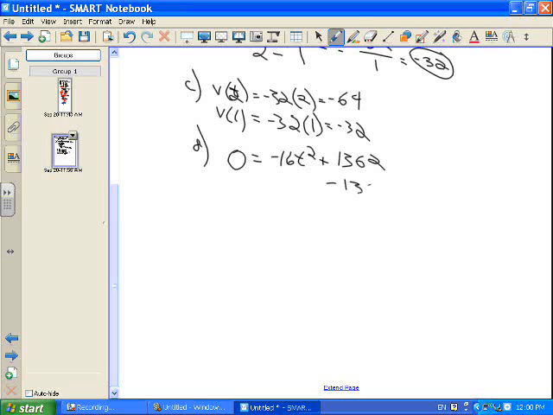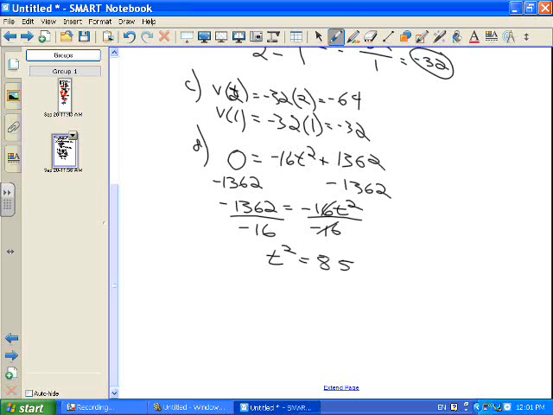If I subtract 1362 from both sides, divide both sides by negative 16, t squared is going to come out to be 85.125. Yep, take the square root. t is going to equal the positive and the negative of 9.2-ish.